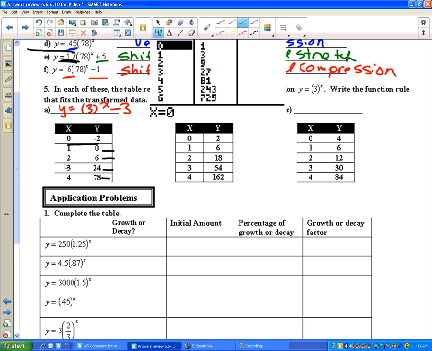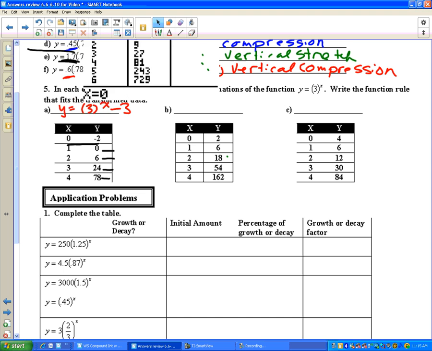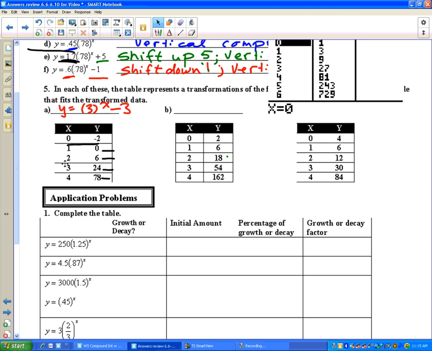So 1 times 2 is 2, 3 times 2 is 6, 9 times 2 is 18, 27 times 2 is 54. So that tells me that my equation, instead of adding a c, I'm going to have an a in front. Y is equal to 2 times 3 to the x.